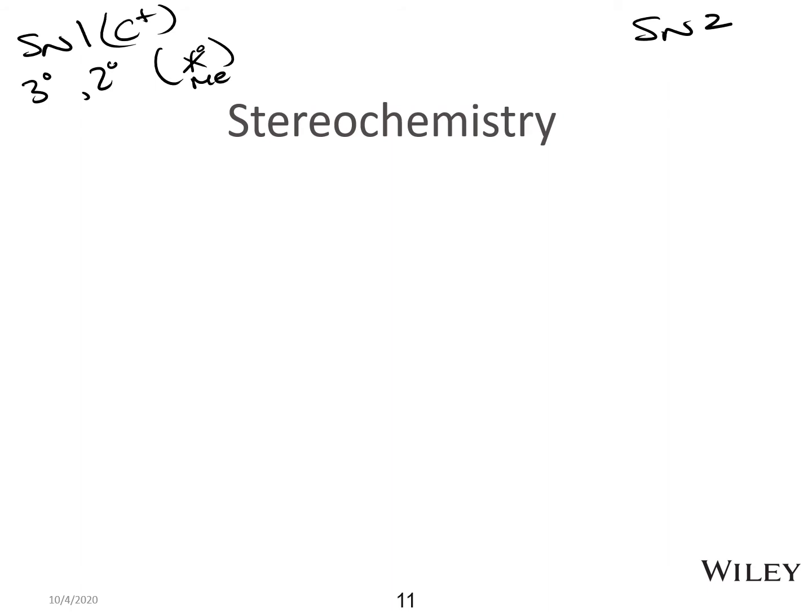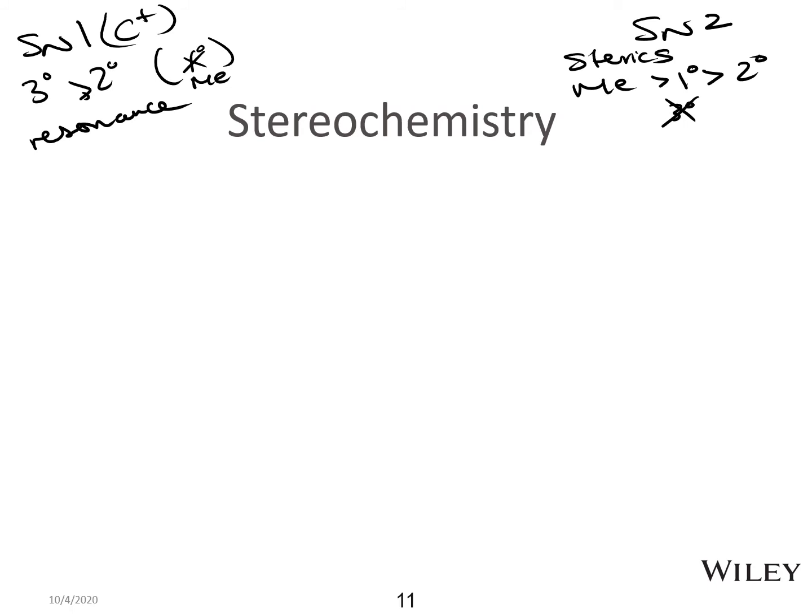We may also see things that have resonance undergoing SN1 because they're going to work very well. SN2 reactions, on the other hand, and we'll talk more about this in class, because of sterics, are better with methyls, and then primary is next, then secondary, but tertiary pretty much won't work.